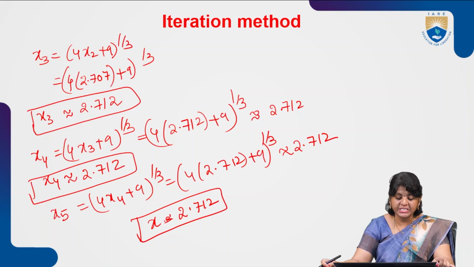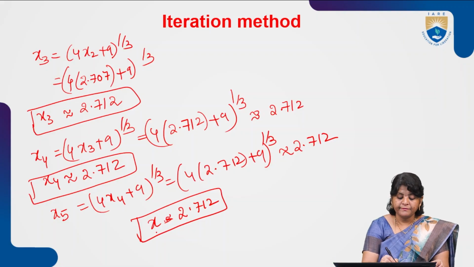So by using the iteration method, we can calculate the root value easily when compared with the regula falsi method or bisection method. So this is about the iteration method. We can stop as per the number of decimals we need. Here I am considering only 2 decimals. So we attain the root value at the 5th iteration.